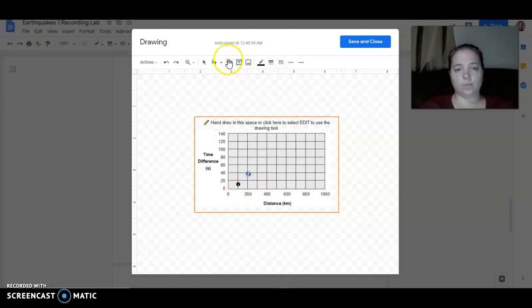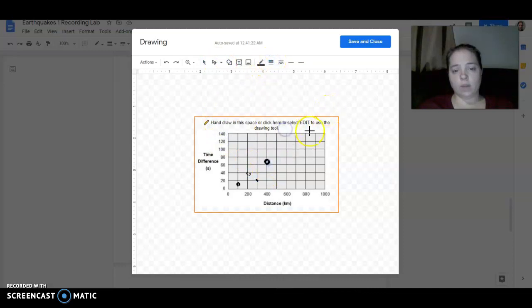My 3 is going to be right there, and I'm going to make that big. I'm going to make sure I do Scribble. And 400 will be right there.